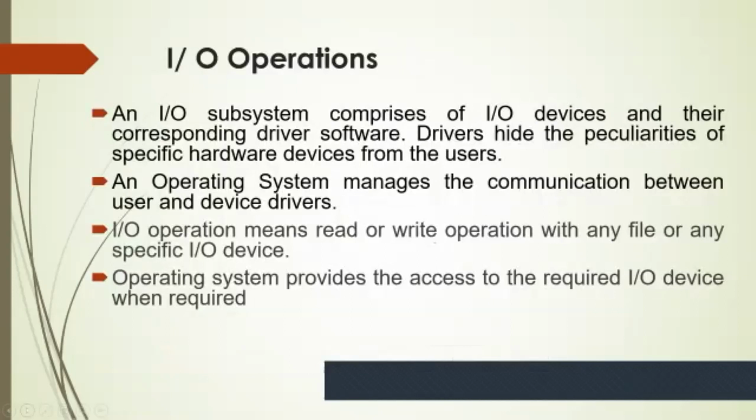File system manipulation. A file system is normally organized into directories for easy navigation and usage. These directories contain files and other directories. Some of the major activities of the operating system with respect to file management are: the program needs to read a file or write a file.